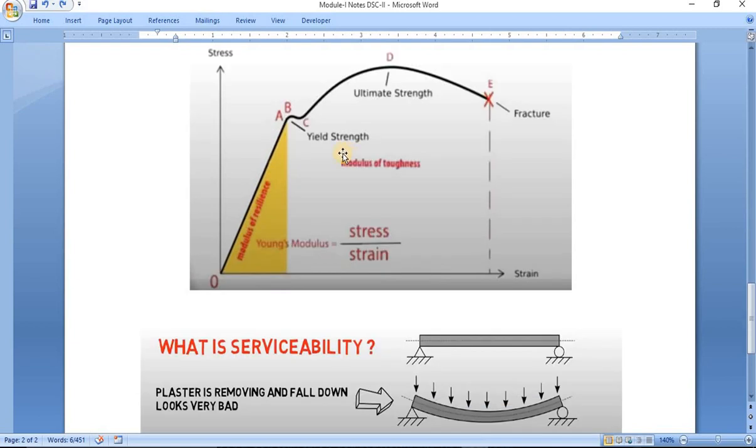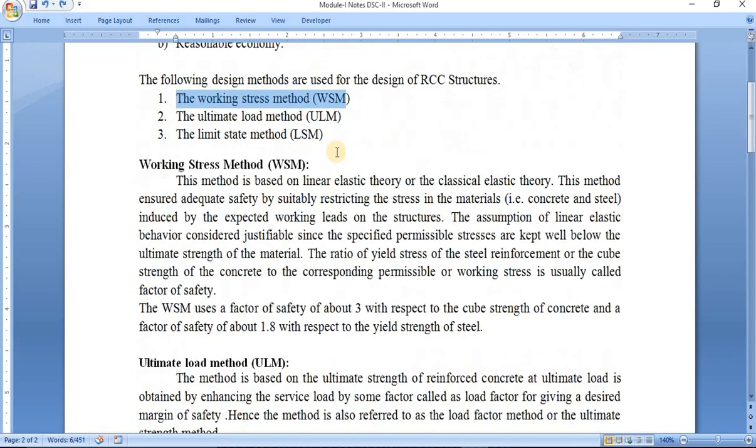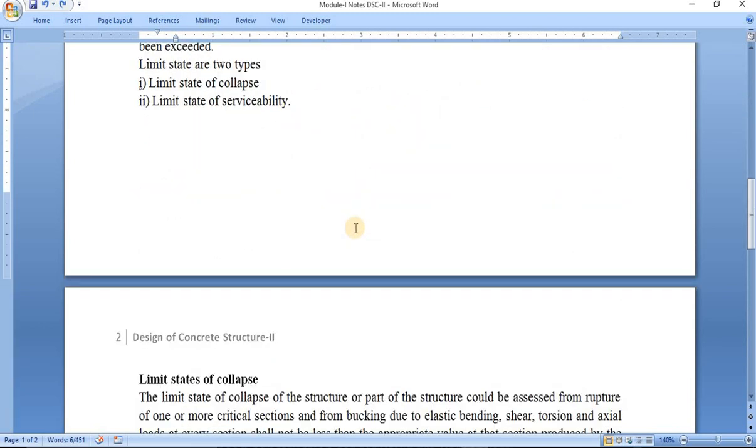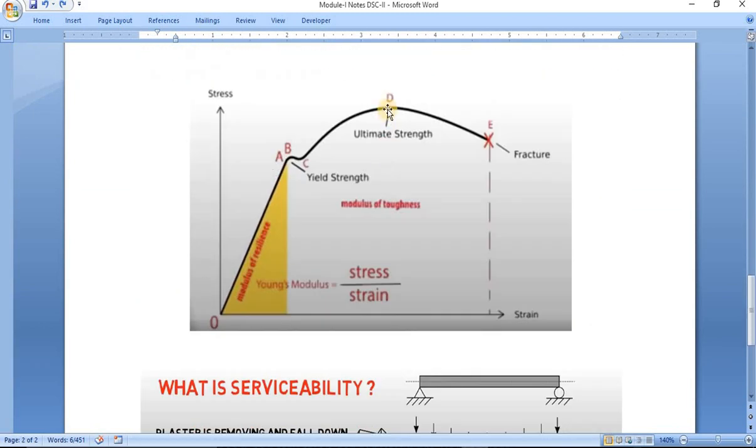We consider up to the ultimate strength of the material in limit state method. So the third method is limit state method. The second method I am going to explain in the next class.